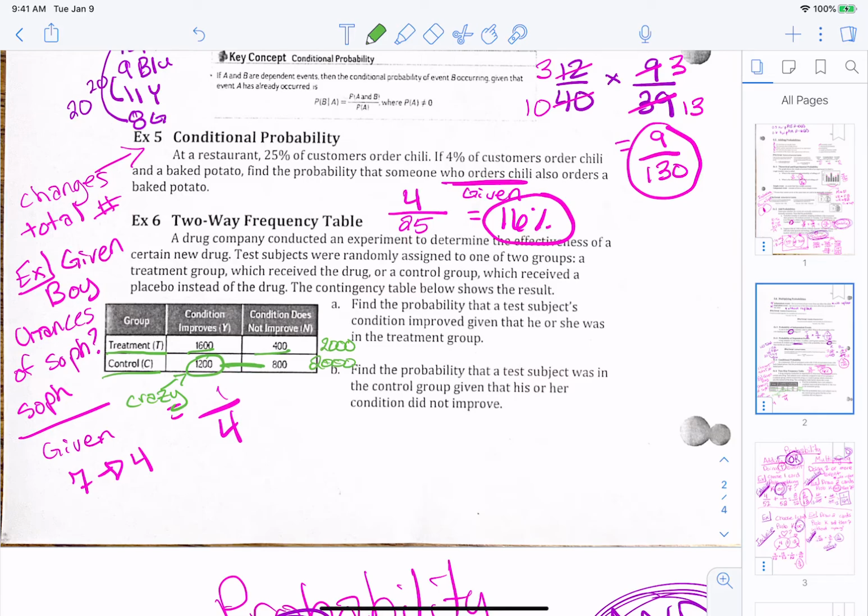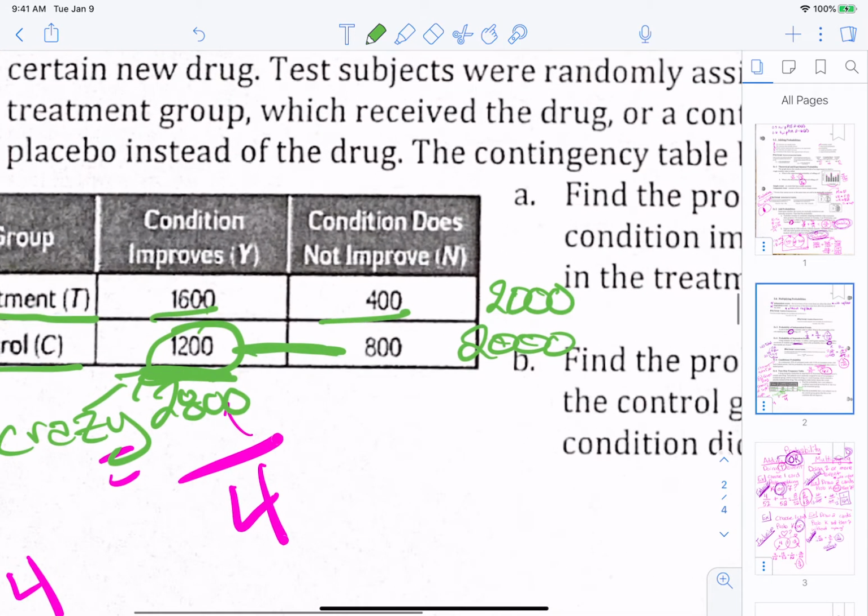How many total people said that their condition was better? 2,800. 2,800, right? If I add those two things together. Okay, how many people said their condition didn't improve? 1,200. Both of those things say the condition didn't improve. Do you guys see how to read this table? Yeah. You have like the intersection, whatever.